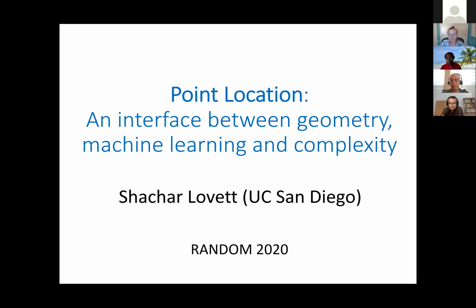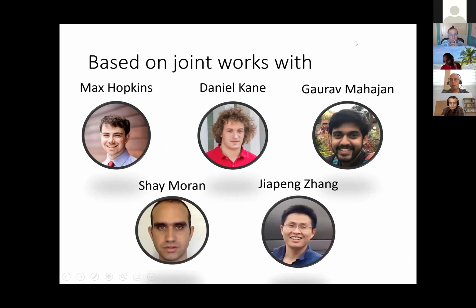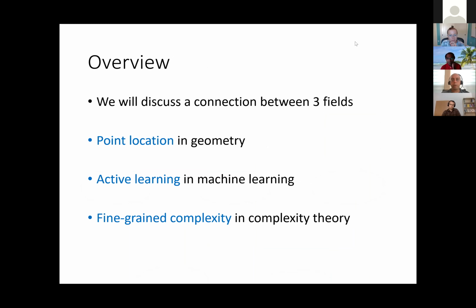If this can be interactive, it's going to be ideal. This is all based on several joint works with several great colleagues, Max Hopkins, Daniel Kane, Gaurav Mahajan, Shay Moran, and Jiapeng Zhang.